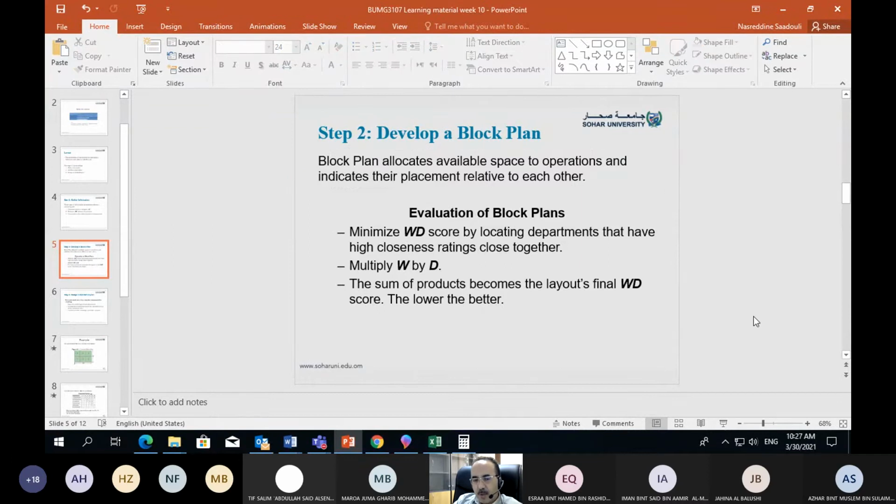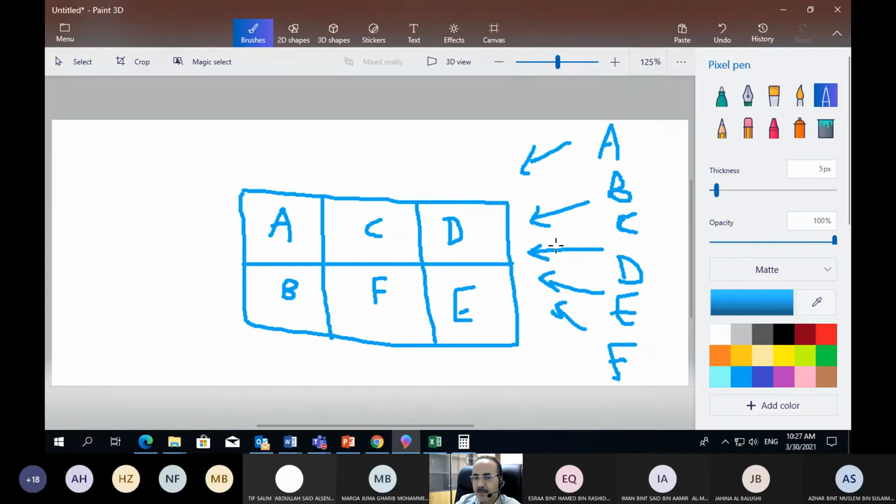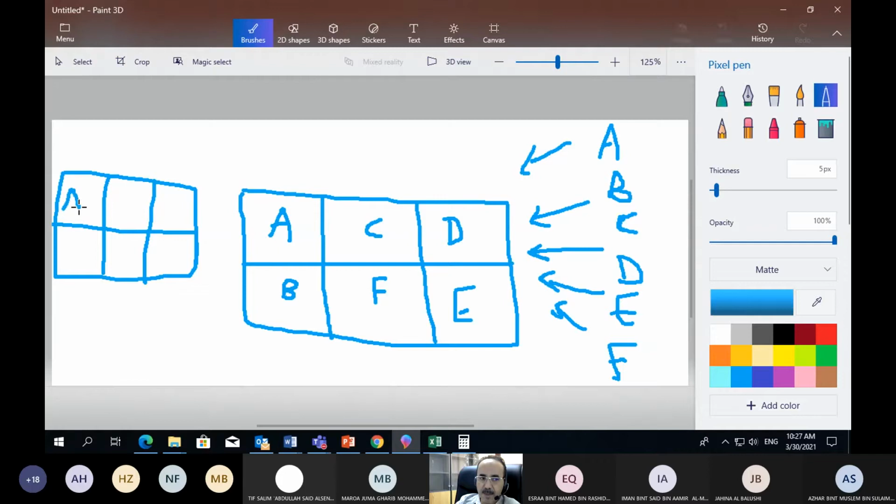The follow-up question is that obviously you can see that there are many possible block plans. This is not the only one. I could have another one such as A, B, C, D, E, and F. Okay, we have different block plans.